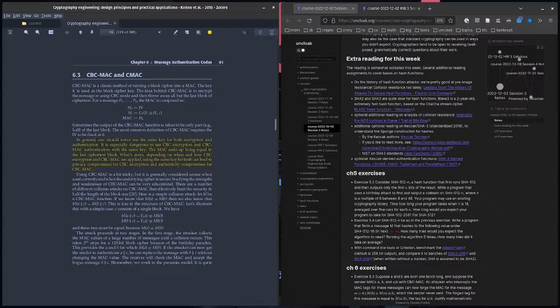You're almost certainly going to reach for an AEAD instead. So it's more important, I think, conceptually to understand the premise of message authentication codes than it is to actually be able to reach for their implementations, because you almost certainly will be using an authenticated encryption scheme as opposed to reaching for a MAC themselves.